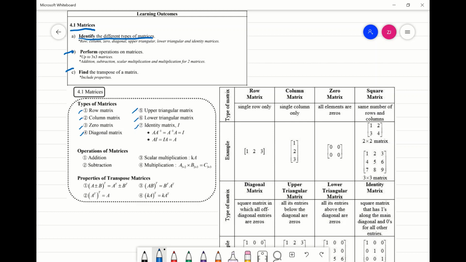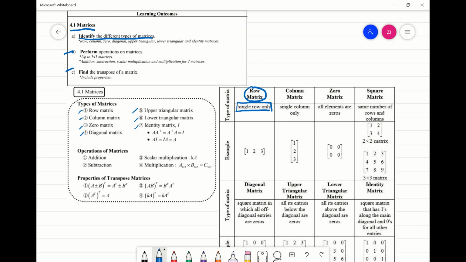The first type of matrix is the row matrix. What is a row matrix? A row matrix is a matrix with a single row only. It can have as many columns as possible, but it will only have one single row.